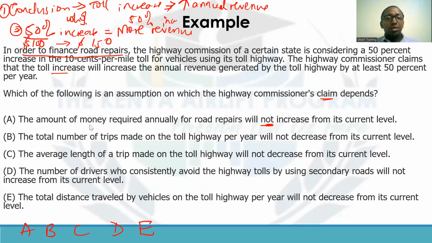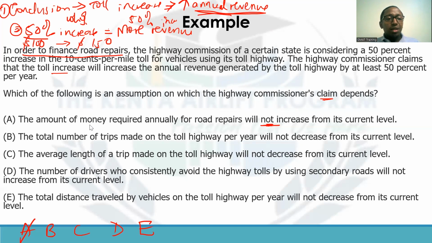If the amount of money required annually decreases or increases, does it affect the revenue? Because remember, the conclusion is about the annual revenue. It's not profit, it's not losses, it's just revenue, the money gotten from charging tolls on this highway. So the amount of money required for road repairs doesn't really affect that annual revenue. So A is insignificant. Can I eliminate?